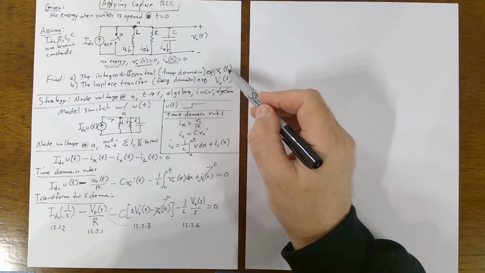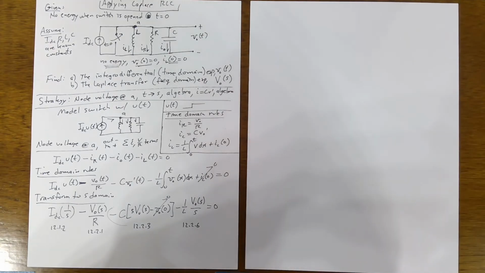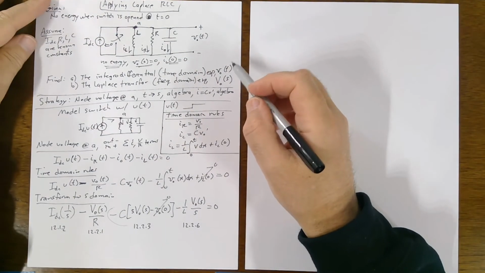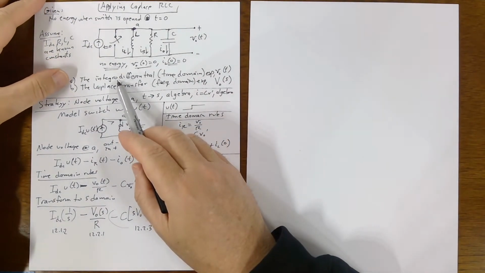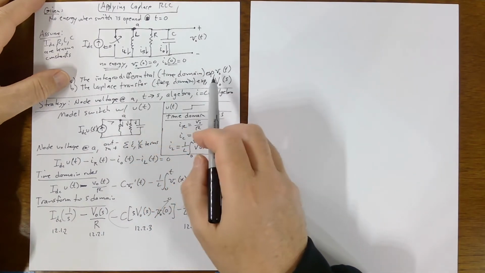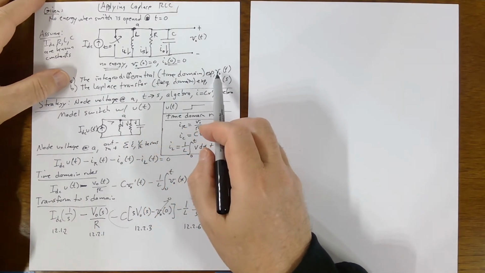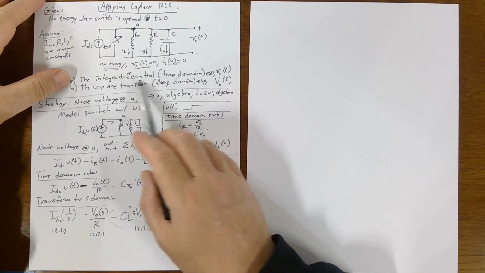Why is this even in the same problem here? Oh, yeah, I'm sorry, I'm confusing myself. So here they're asking for the integral differential equation V0 of t. I forgot about the integral differential.